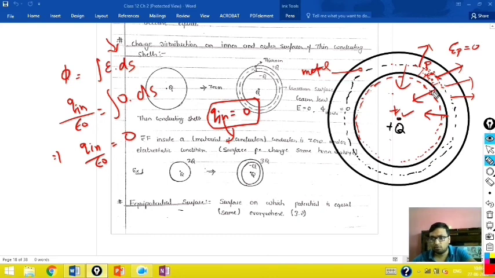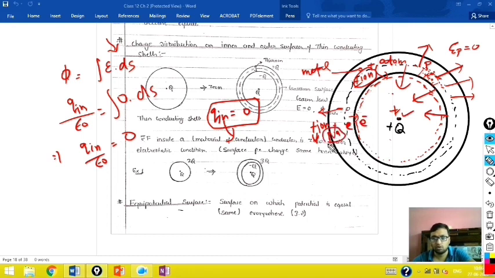Then from where did this minus charge appear? Actually, here we have many atoms. From those atoms some negative charge, some electrons, have appeared over here, and we got positive ions inside this metal. Positive charge cannot remain inside the metal, so it will appear on the outer surface. All positive ions, say Na positive, will appear over here, and the electrons of negative charge will come to this place.